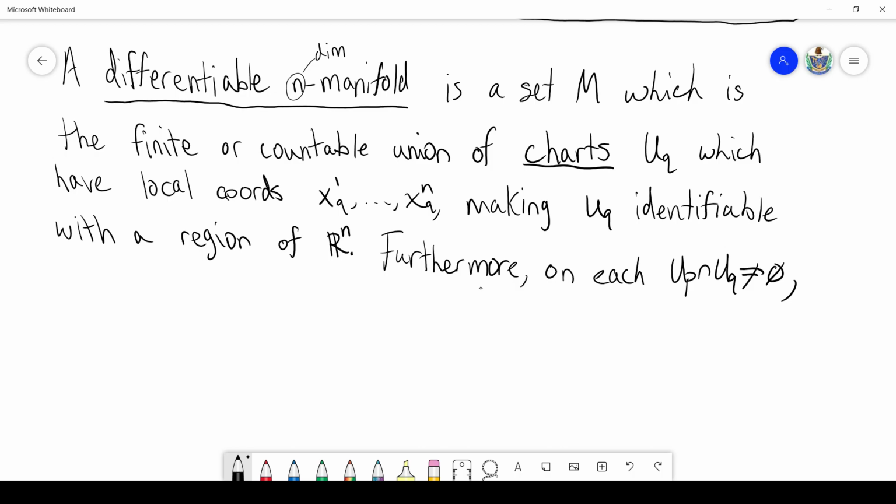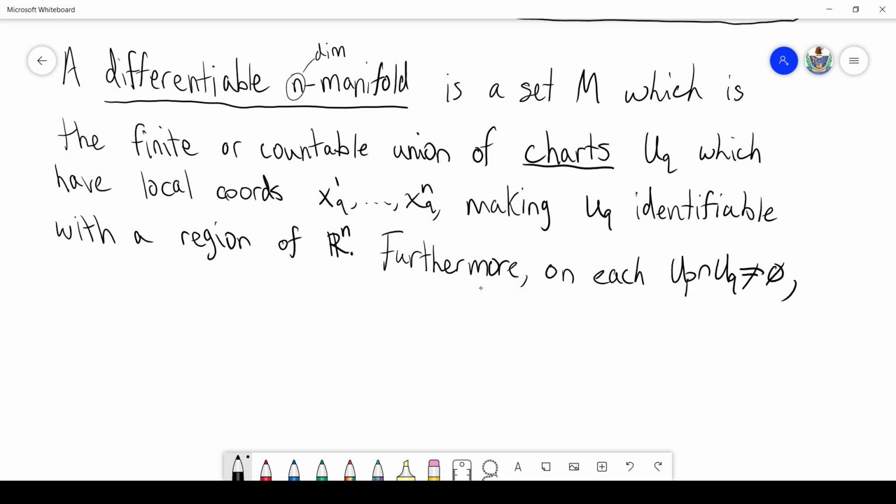Because UP has its own coordinate system, which are the XP's, and UQ has its own coordinate system. So we have two different coordinate systems. And the main idea of a manifold is that you're covering it with these charts U, and whenever two charts overlap, we have to be able to transfer from one coordinate system to another in a suitably nice mathematical way.